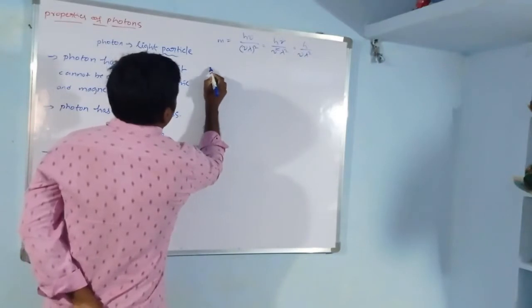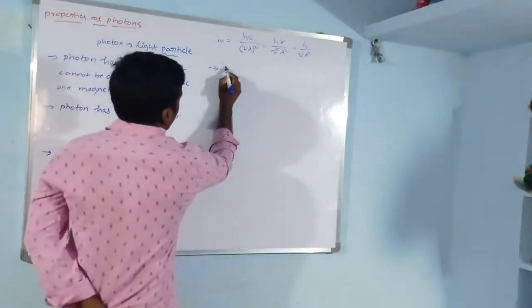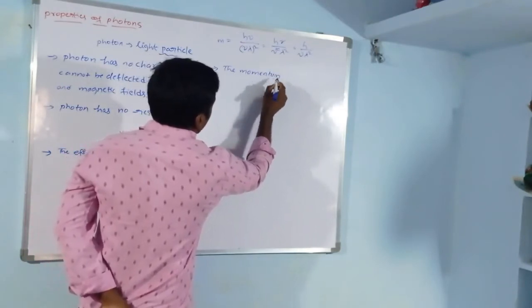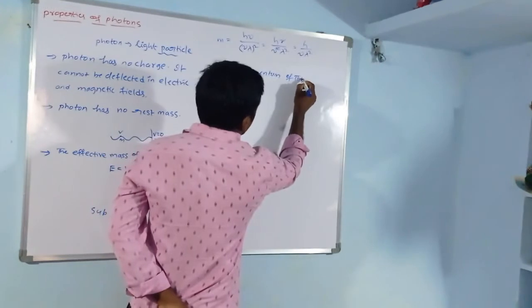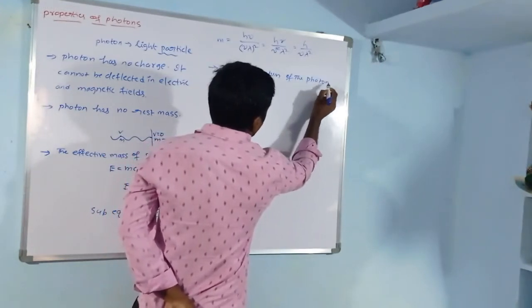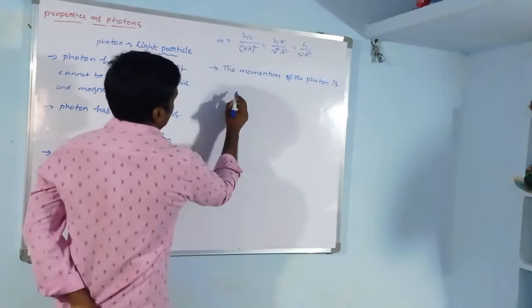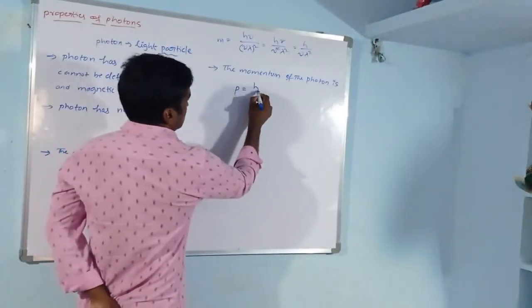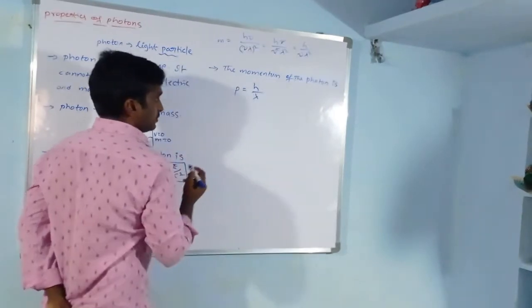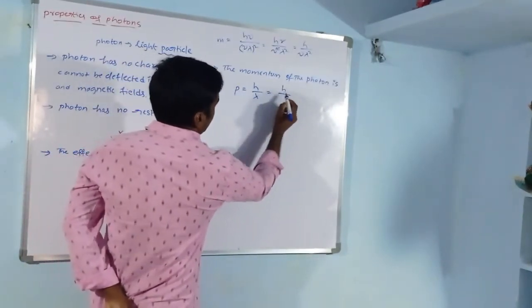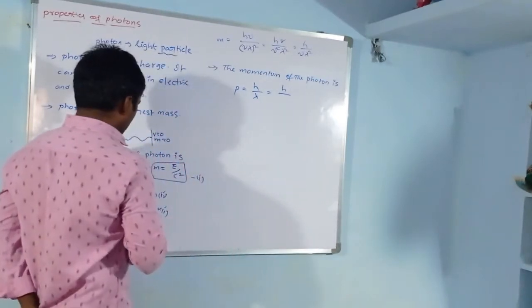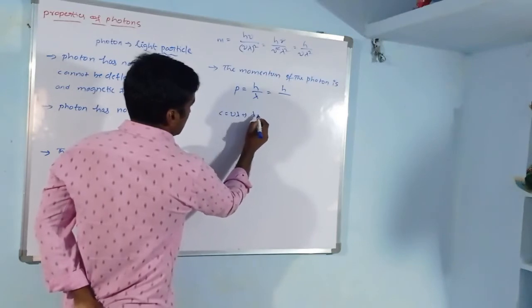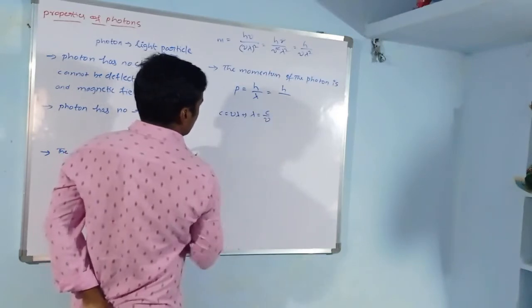Next one is the momentum of the photon. Momentum is indicated by the letter P, and P = h/λ. What is the λ value? From c = νλ, λ = c/ν.